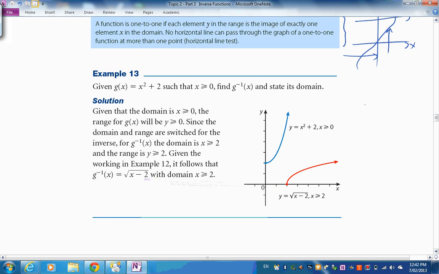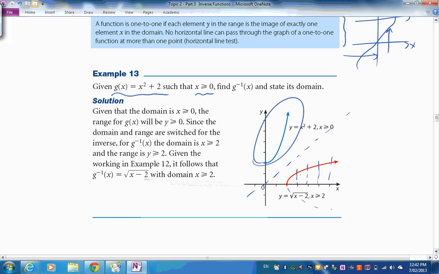So here we are. This is typical of what we expect this year: x squared plus 2, only for x greater than or equal to 0. So you draw it, and you don't have a problem here, because when it's reflected in the line y equals x, each x is mapped onto only one y, and that's okay.